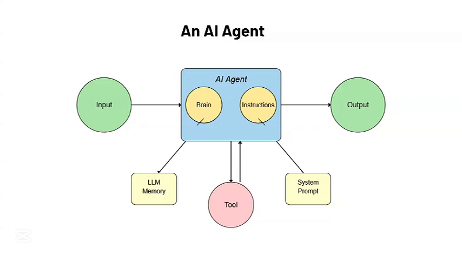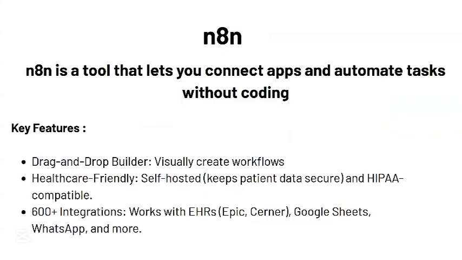So that is the tool. The name of the tool is N8N. If you go to that site, you can create these AI agents. I'll show it to you in a while. This tool lets you connect apps, large language models, and other tools like email, WhatsApp, and a lot of other tools available that you can use in creating agents.